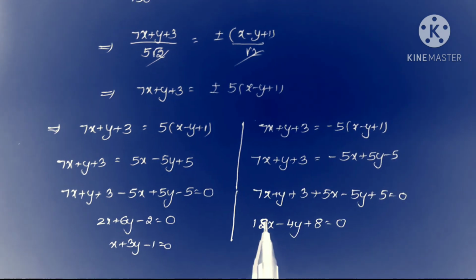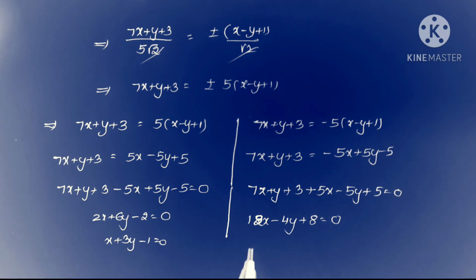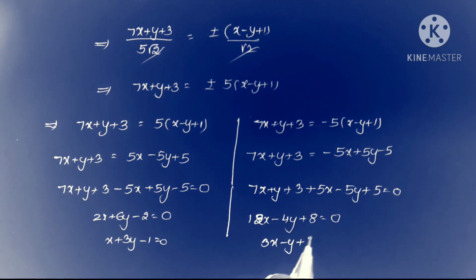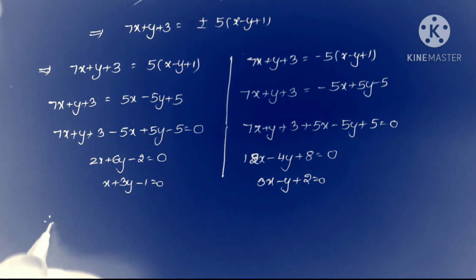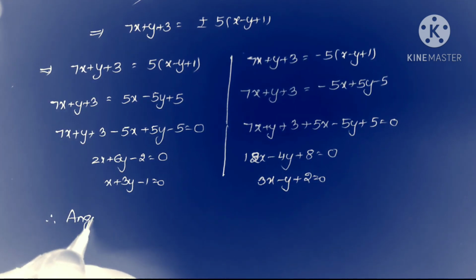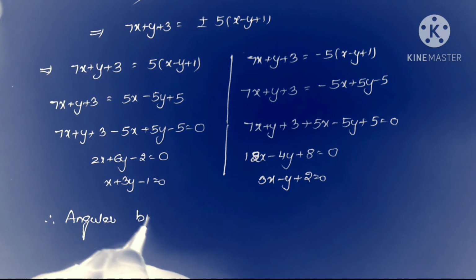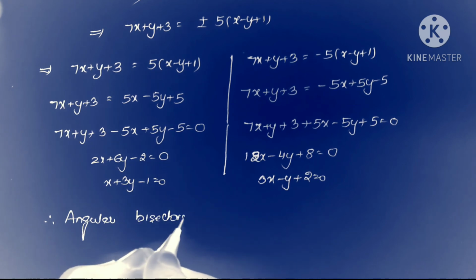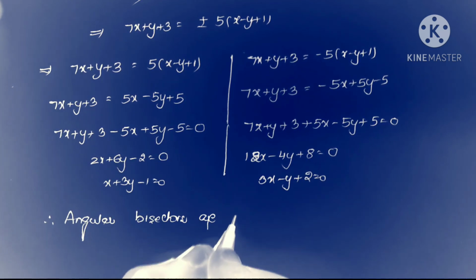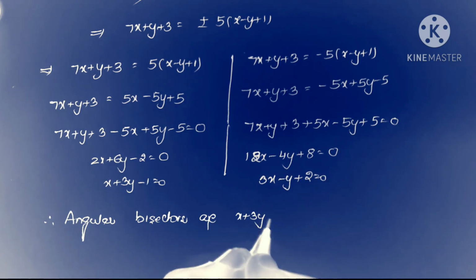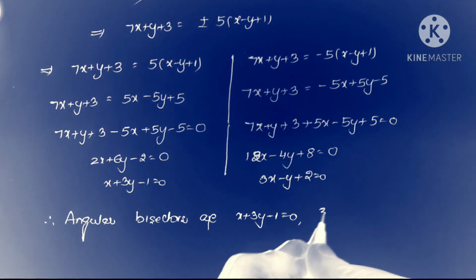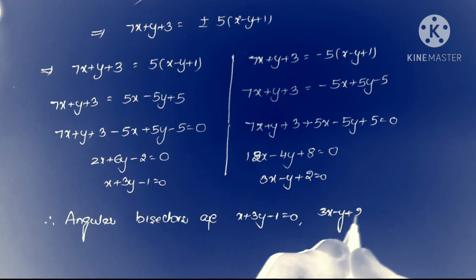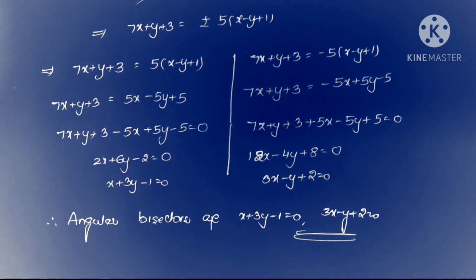That is 12x - 4y + 8 equals 0, means 3x - y + 2 equals 0. Therefore angular bisectors are x + 3y - 1 equals 0 and 3x - y + 2 equals 0. That's all. These are the answers.